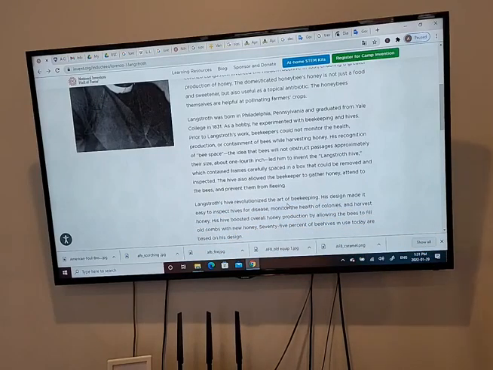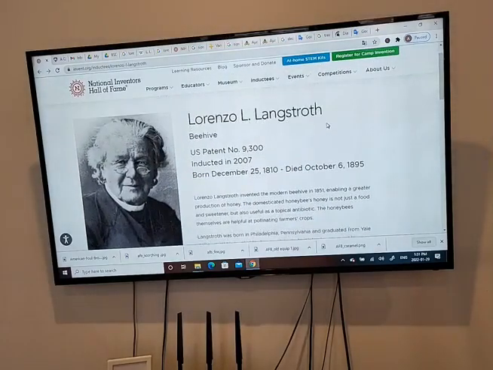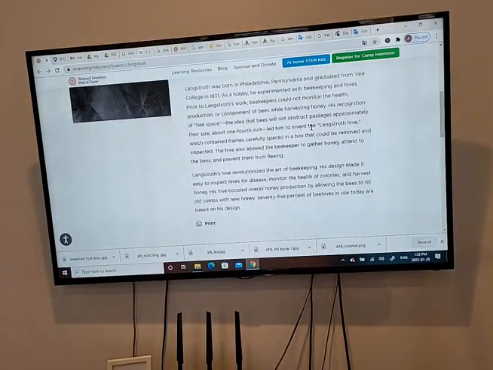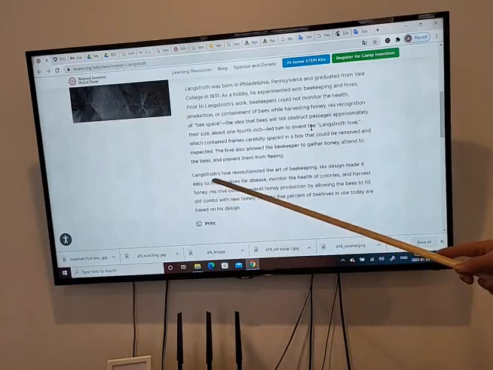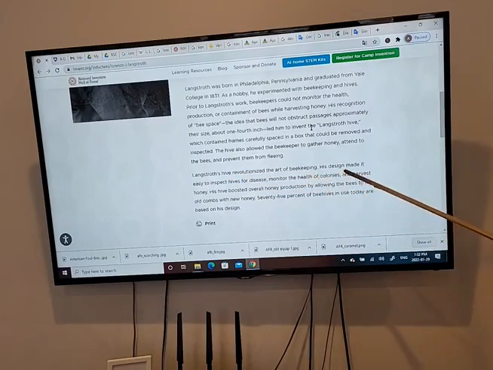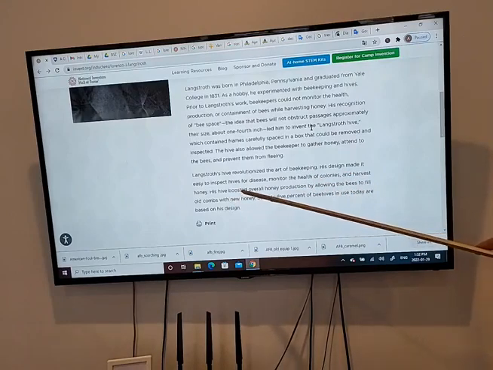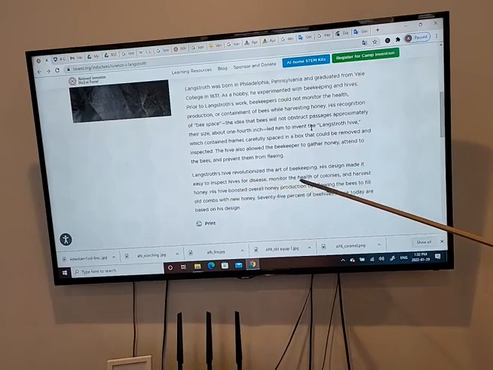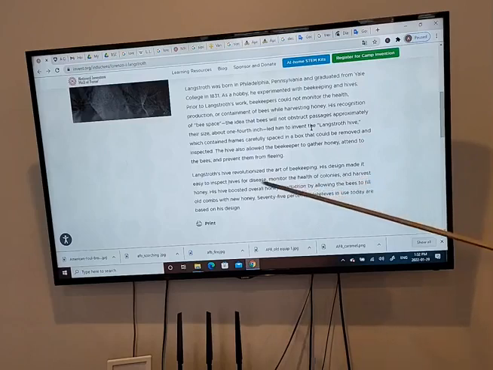Okay, if you understand, you understand, because it's not time for explanations. So this is the Langstroth guy. One more paragraph. Langstroth's beehive revolutionized the art of beekeeping. His design made it easy to inspect hives for disease, monitor the health of colonies, and harvest honey.